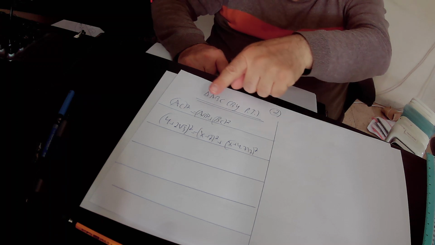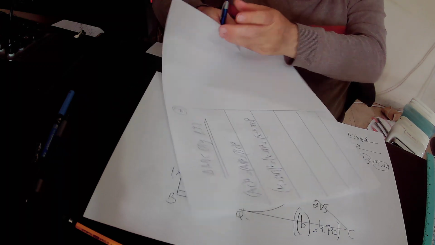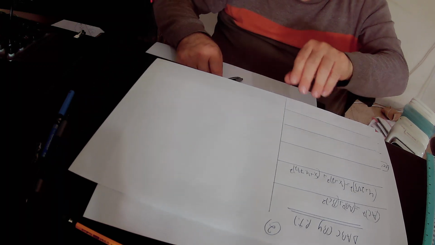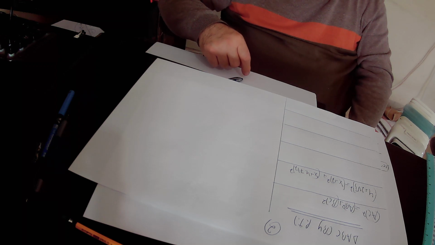Here we'll open the brackets on both sides of the equation, and we get that here we have (4 plus 2 times square root of 3) squared.